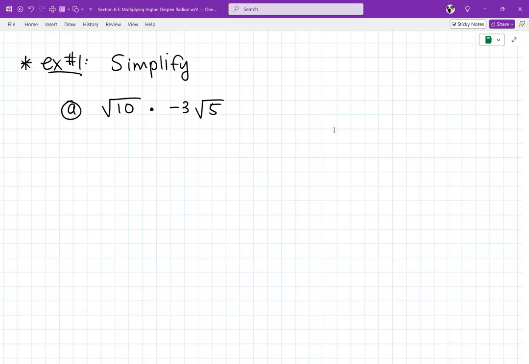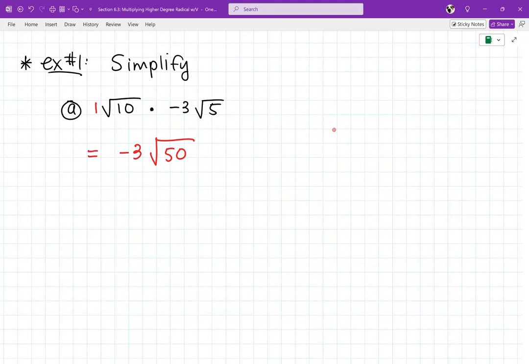It says square root of 10 times negative 3 square root of 5. Now notice there is a 1 right in the very front. So 1 times negative 3, that's negative 3. Square root of 10 times 5, well, that's 50. So I'm done, but I can reduce 50.